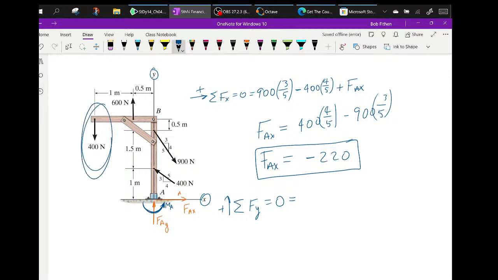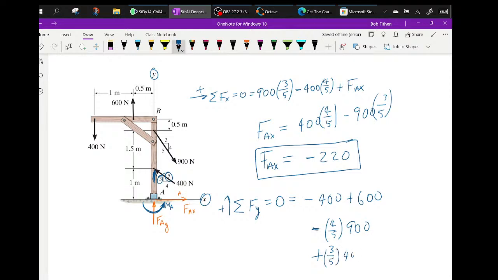Okay, y components. That one's going straight down. Yeah, going straight up. And this component is going down, but it's 4/5 of 900. And then you've got this one going up, and it is 3/5 of 400.